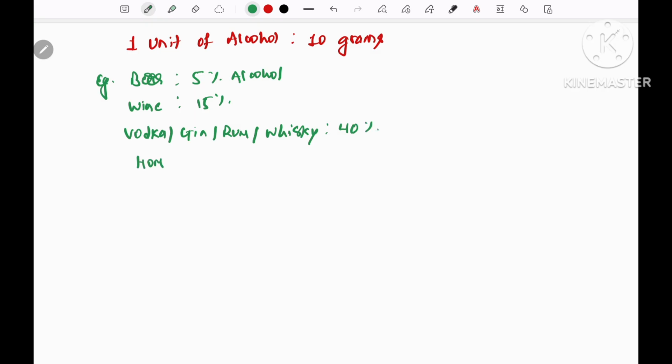Homemade alcohol contains around 15 to 40%, depending on whether it is distilled, boiled or fermented. The percentage differs based on the process of making it, but for homemade we usually take around 15%.